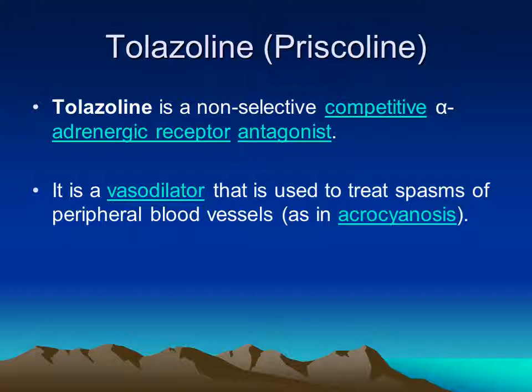It is a vasodilator that is used in the treatment of spasms of peripheral blood vessels, as in acrocyanosis. Acrocyanosis is a condition marked by symmetrical cyanosis of the extremities with persistent, uneven, mottled blue or red discoloration of the skin of the digits.